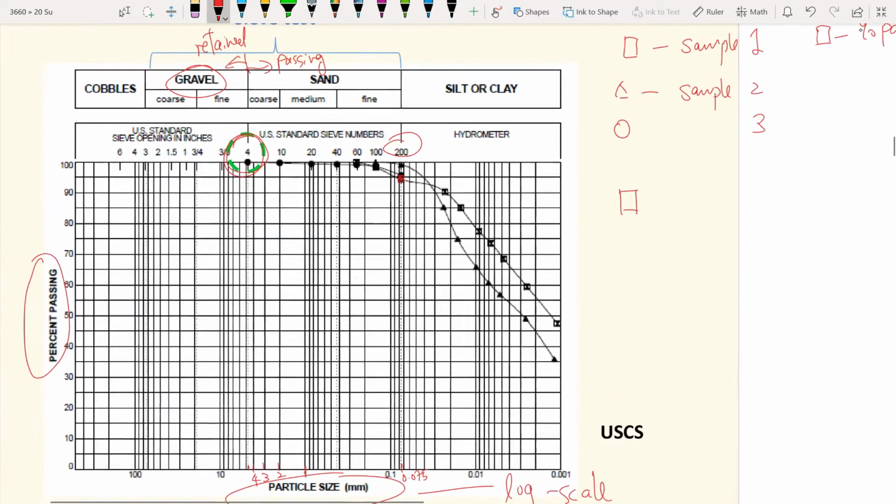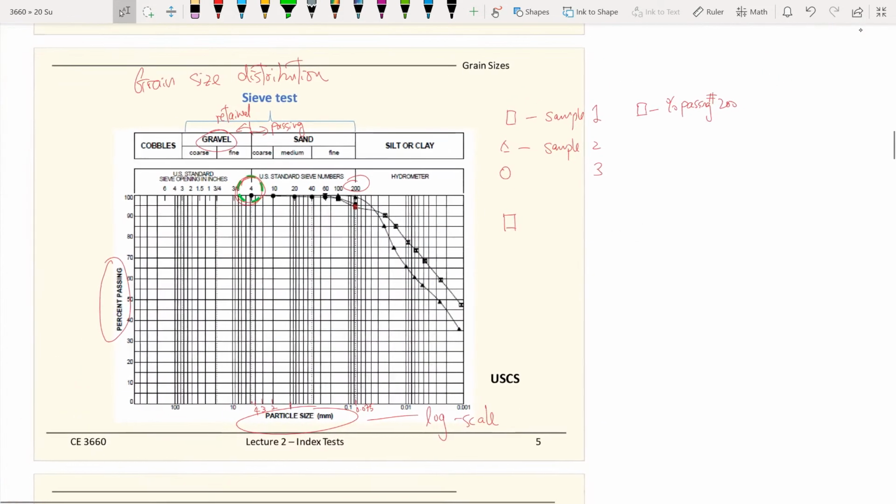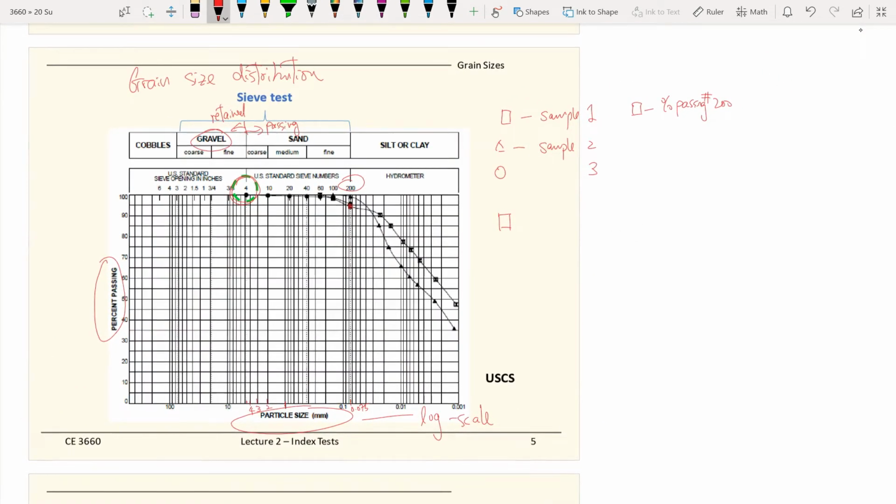This is about 94% passing number 200, because if you go back to the y-axis, that is 94%. Which means most of the soil particles from these samples are small enough to pass through number 200 from the sieve test, which means the majority of this soil sample is fine-grained material. This is a clay sample or silt sample.